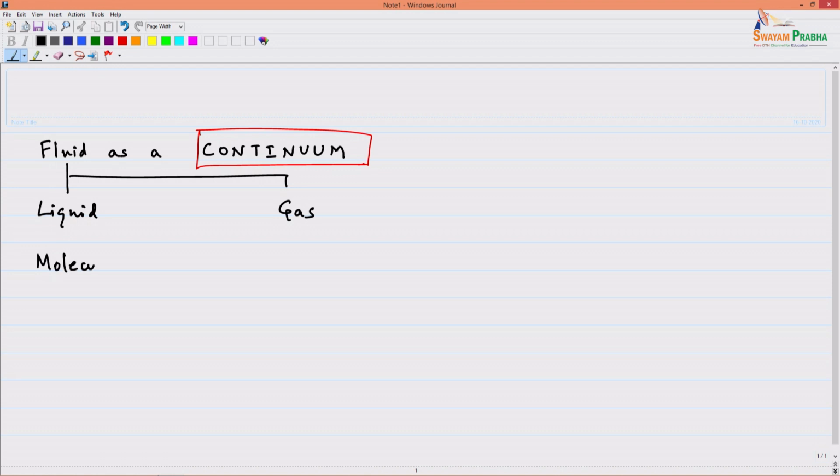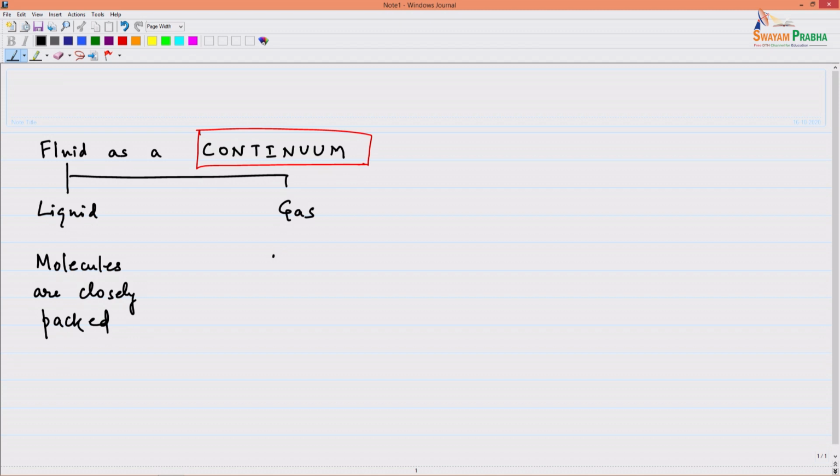Let's write that down here. Closely packed. Now for a gas, however, the molecular distance is very large compared to the molecular dia.